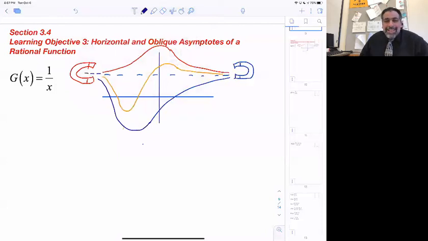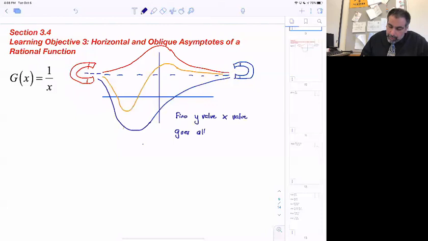So what is the deal with horizontal asymptotes when you're trying to find them? Simple. We're trying to find the y value as the x value goes all the way, and that's important, all the way to the right or the left.